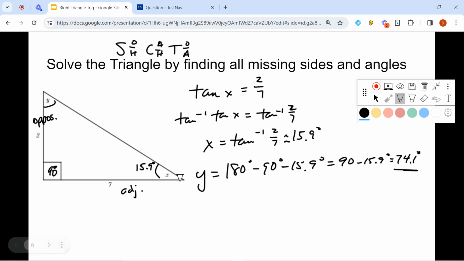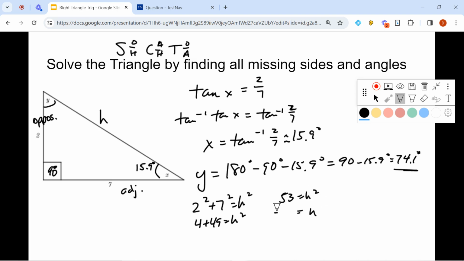Then I want to find this third side that I don't have. I'm going to label it h for hypotenuse. To do that, you can use one of the answers you just got for these angles and use SOHCAHTOA, or since you have two sides of this right triangle, you can use the Pythagorean theorem. 2 squared plus 7 squared equals h squared. So that's 4 and 49, so 53 equals h squared.